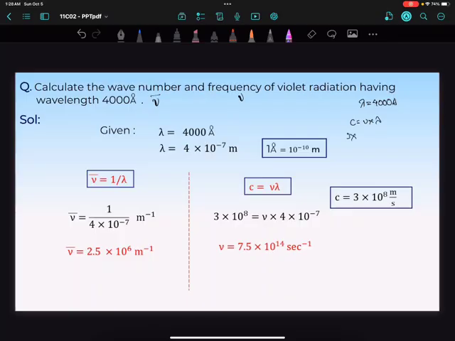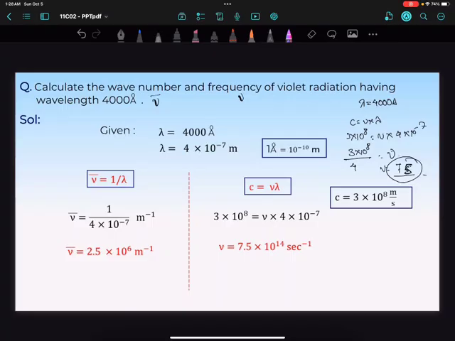So we know c is 3 into 10 raised to power 8, frequency we don't know, and the wavelength we know as 4000. So we can write 3 into 10 raised to power 8 is equal to nu into 4 into 10 raised to power minus 7. So 3 divided by 4 comes as nu, and nu will come as 7.5.